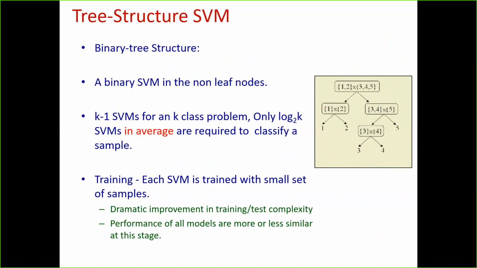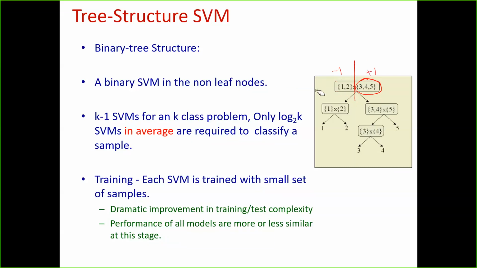For example here, if there are 5 classes, at the root node we are learning a binary classifier between 2 groups, 1, 2 versus 3, 4, 5. So anything that is classified as negative will come to 1, 2. Anything that is classified as positive will come to 3, 4, 5, or the other way around.